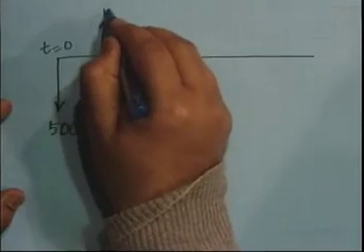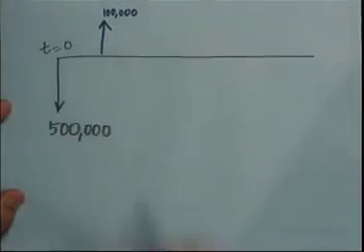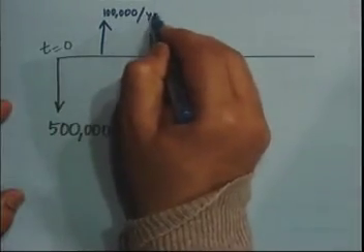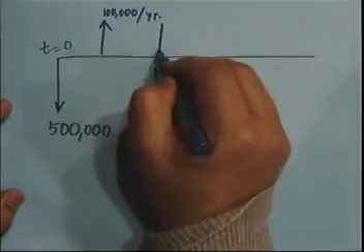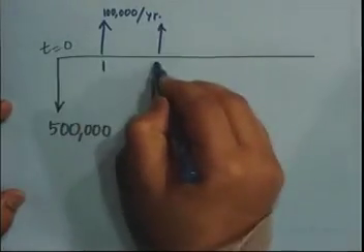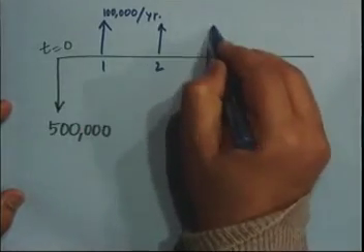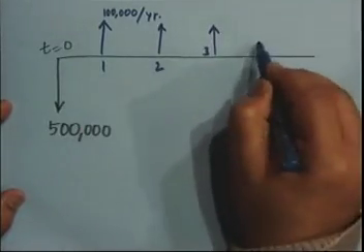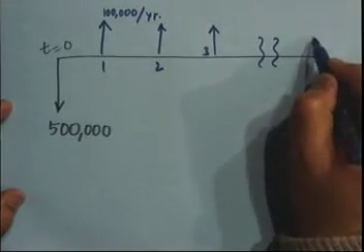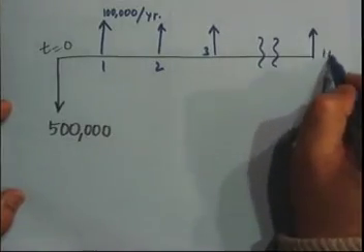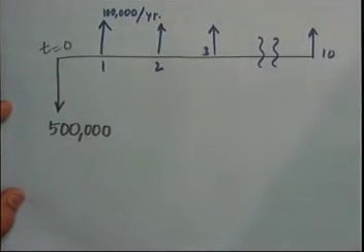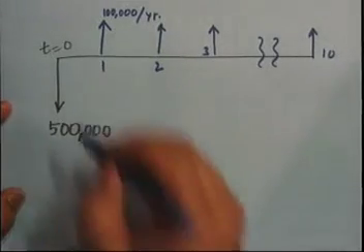Now, incomings, which I show on the plus side, is 100,000 every year for the next 10 years. So, this is year 1, 2, 3, and so on, up to year 10. This is 100,000 every year for the next 10 years. Now, my outgoings are rupees 5,000.